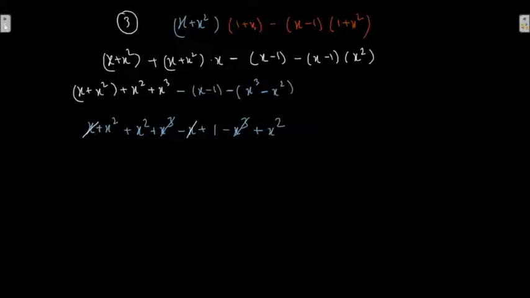So now we are left with this x square, this x square, and this x square. So it becomes x raised to power 2 plus x raised to power 2 plus x raised to power 2 and this one constant. And this will be equal to 3x square plus 1.